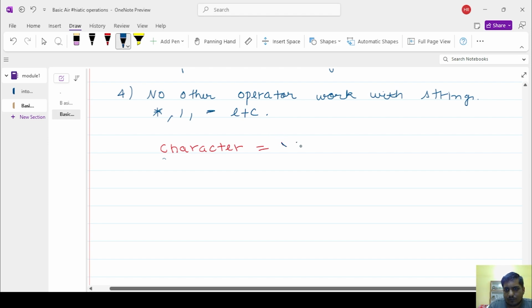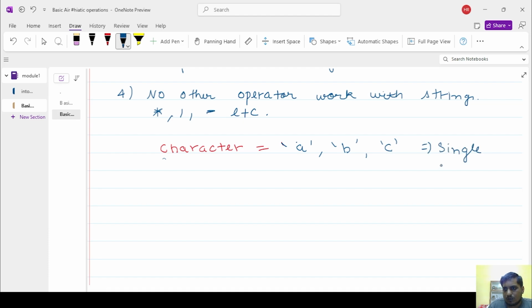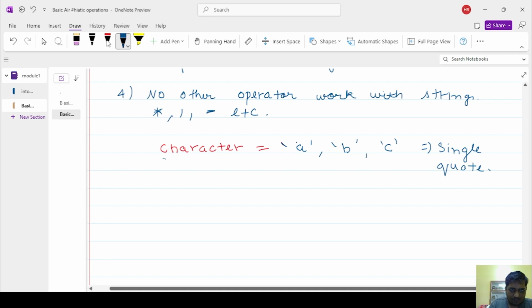A single quote, and the string comes with a double quote, like hello Harshit.